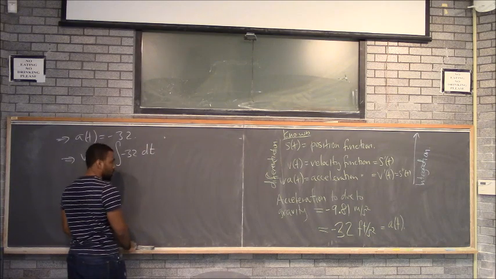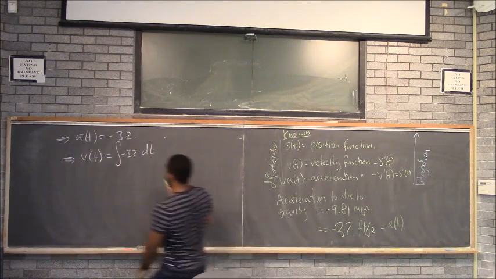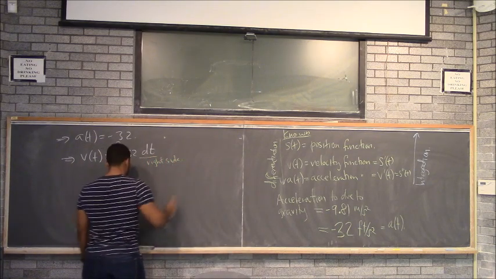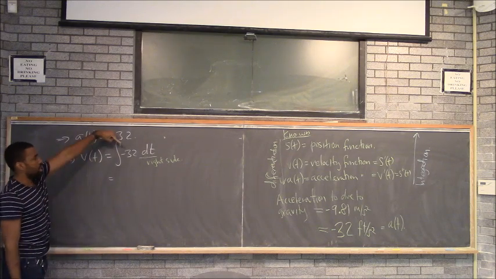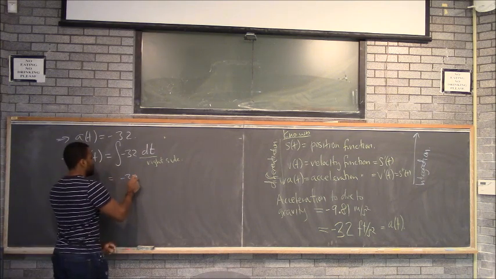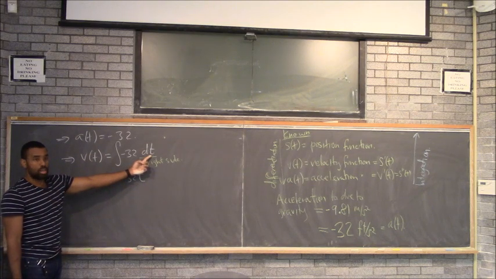Remember, the d is always on the right side. Okay. Now, what is the antiderivative of minus 32? Minus 32t. Right? Because t is my variable, as shown here.